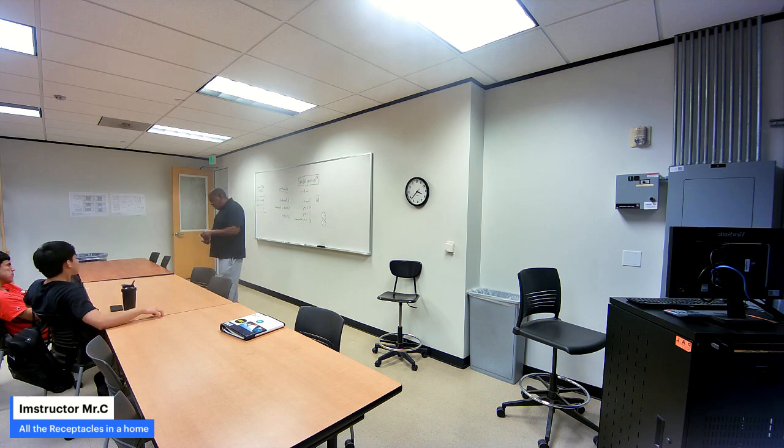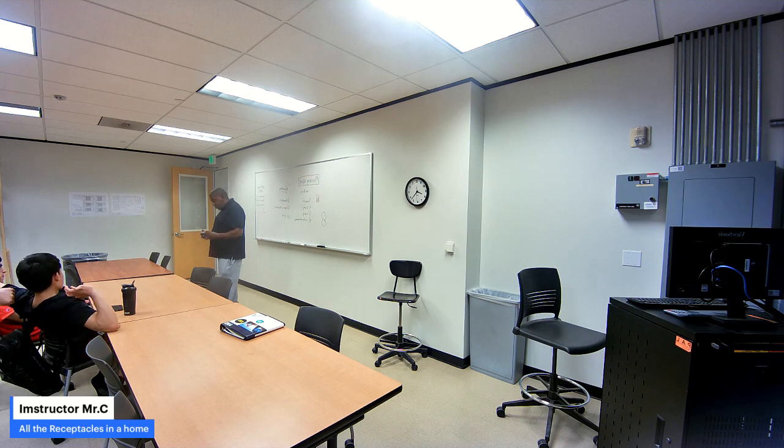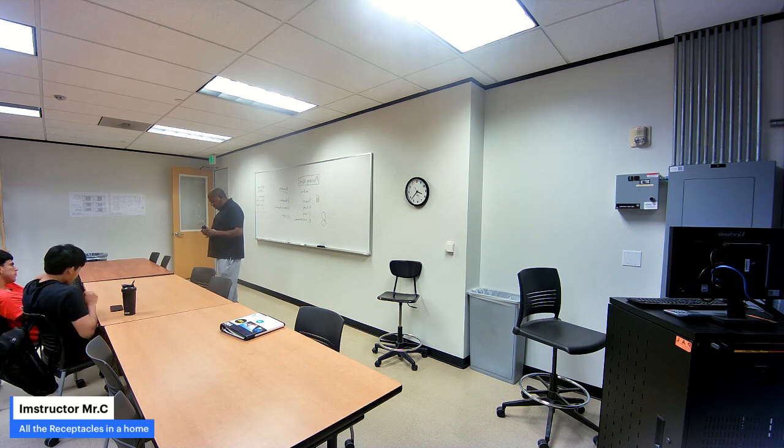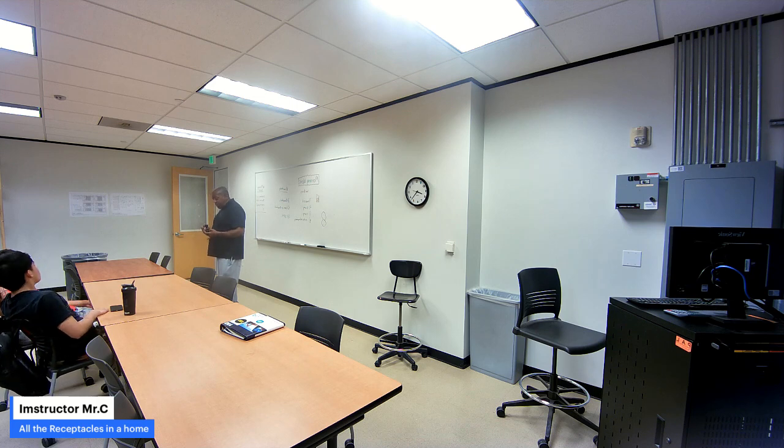Because you see how in the back it has two hots, a red, a black, a neutral, and a ground. So in this one, it has a red, a black, a neutral, right? And there'd be no ground, because you have to create the ground. You have to put a ground screw in it and then ground it to another box. And this one you don't have to, because the ground is already implicated in the system.